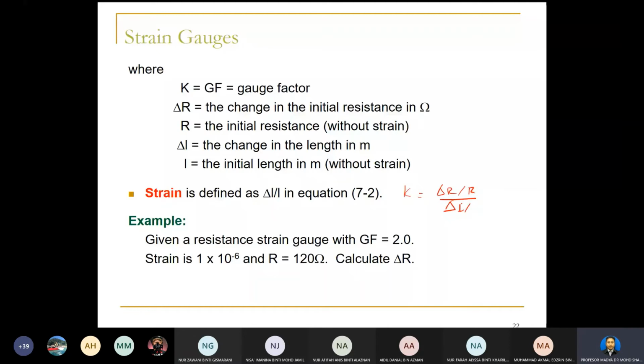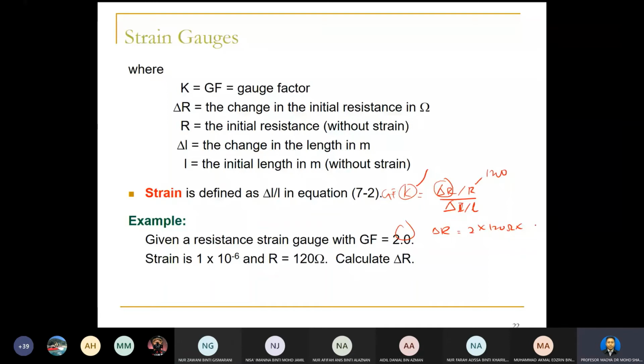From this, the gauge factor K is given as 2, and R equals 125. So we want to calculate delta R. Automatically from this formula you can get 2 multiplied by 2 multiplied by 1 multiplied by 60, as you can see on the slide.